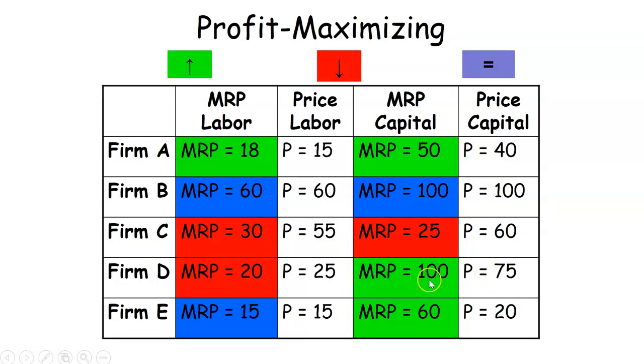Over here, it's too high. So we want to increase the amount of capital to bring the MRP down. For firm E, MRP equals 15 here for labor. Labor is correct already. That is at its optimal price. And over here, our MRP is too high, so we want to add more capital to bring that number down.